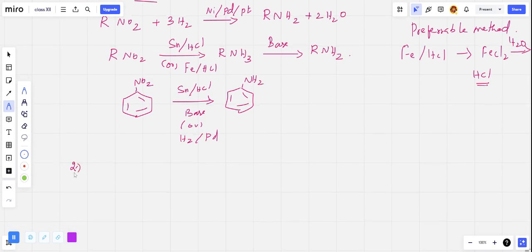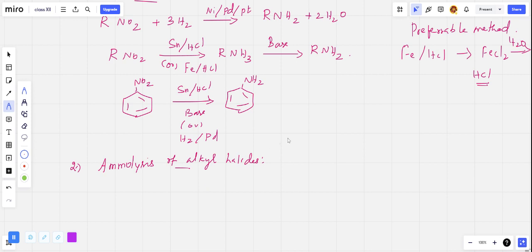Second one, ammonolysis of alkyl halides. What is ammonolysis?